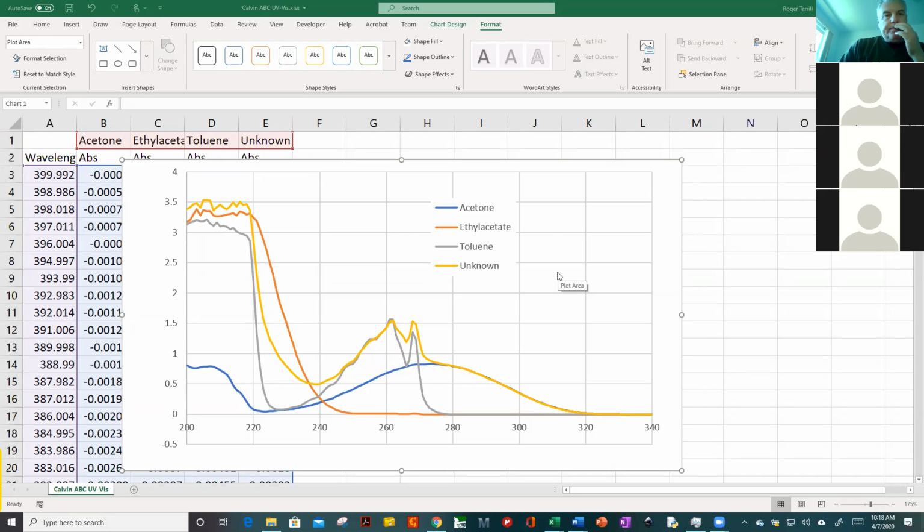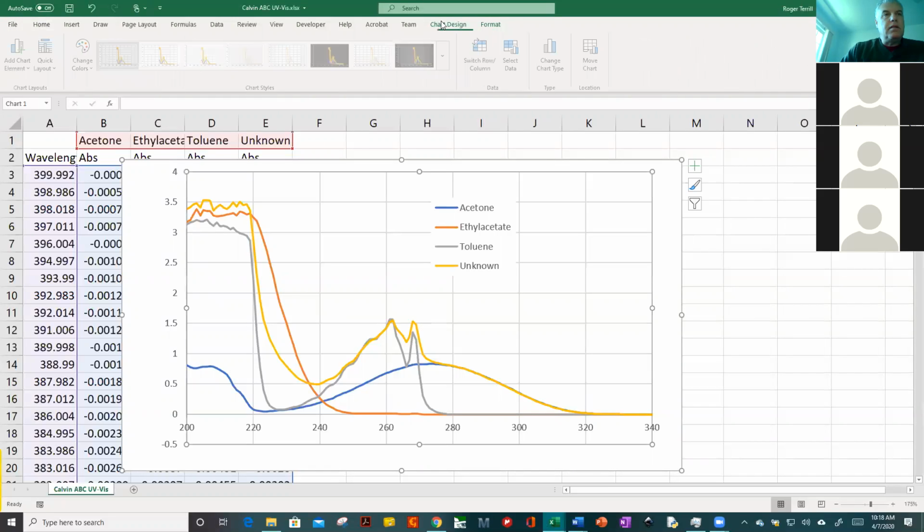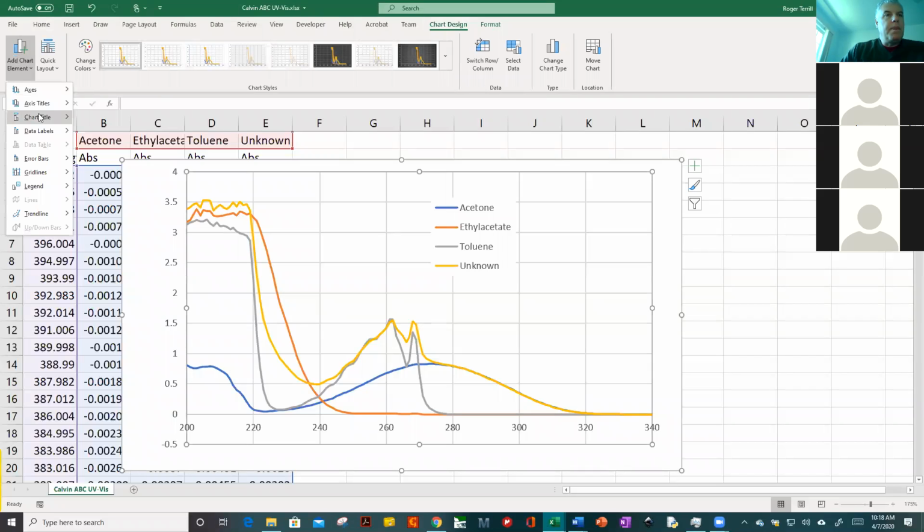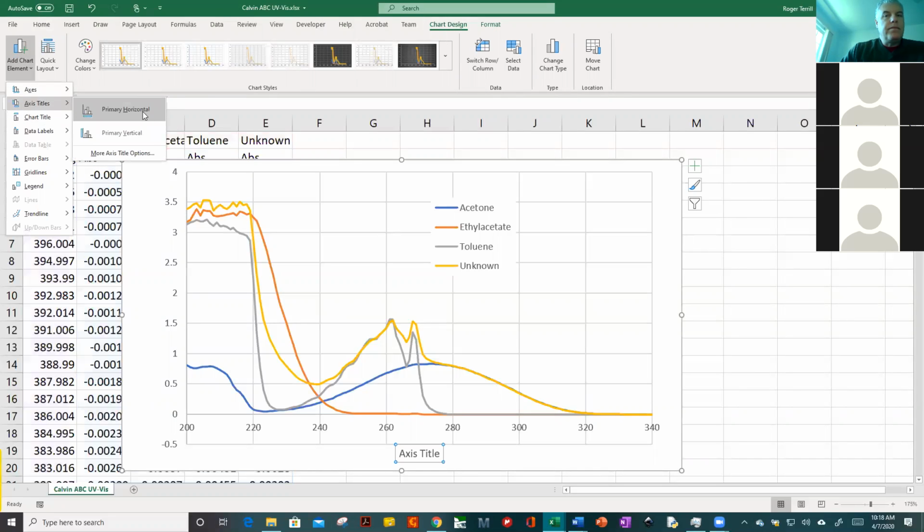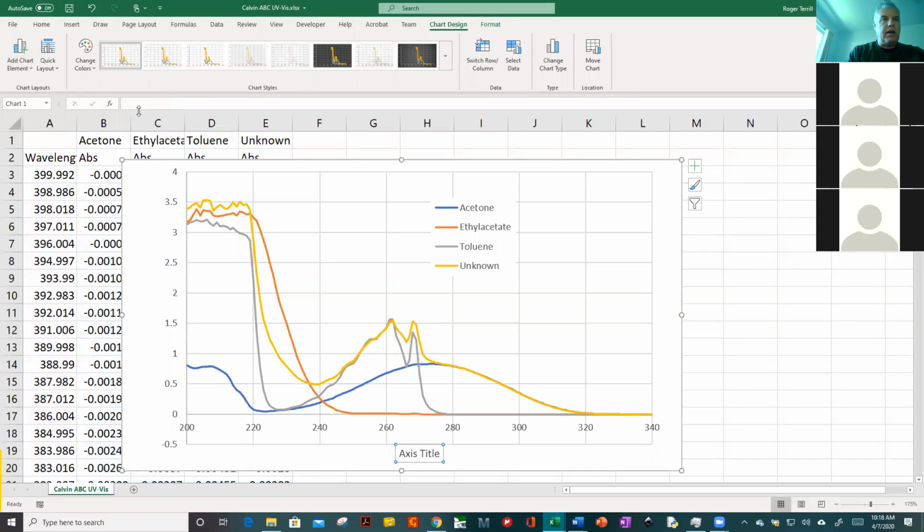So let's talk about the spectra in general here first. First of all, let me add, let's see here. Design, add, titles. This is wavelength, right?